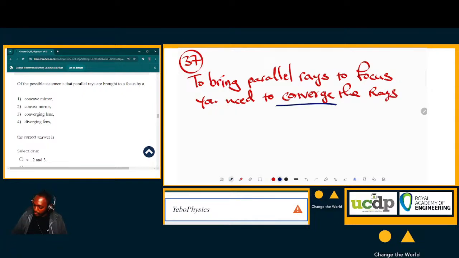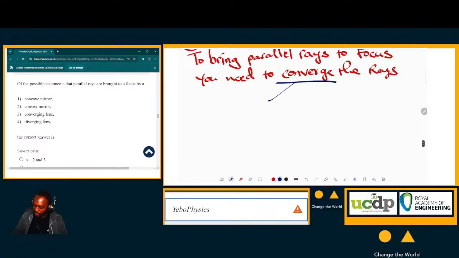Okay, and therefore from there, which means we need a converging lens. Okay, we need a converging lens. But which type of mirror do we need? Which type of mirror do we need?